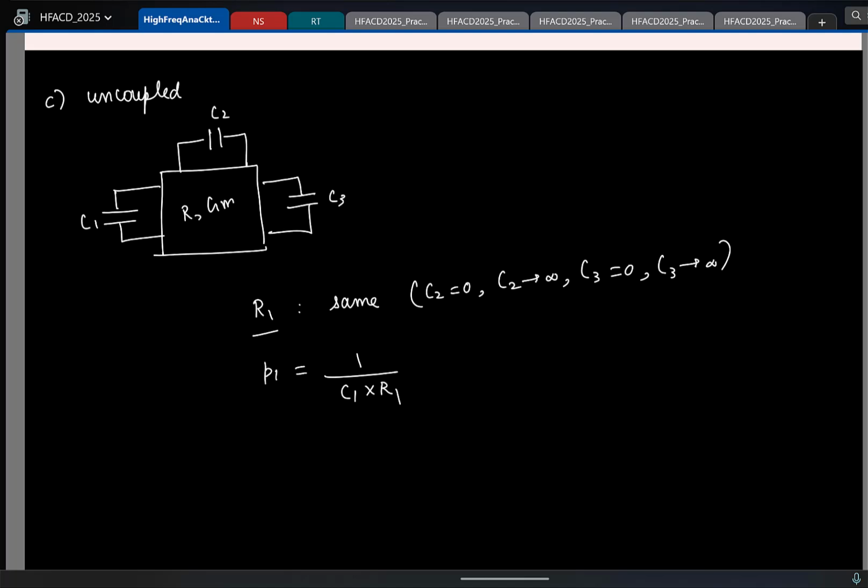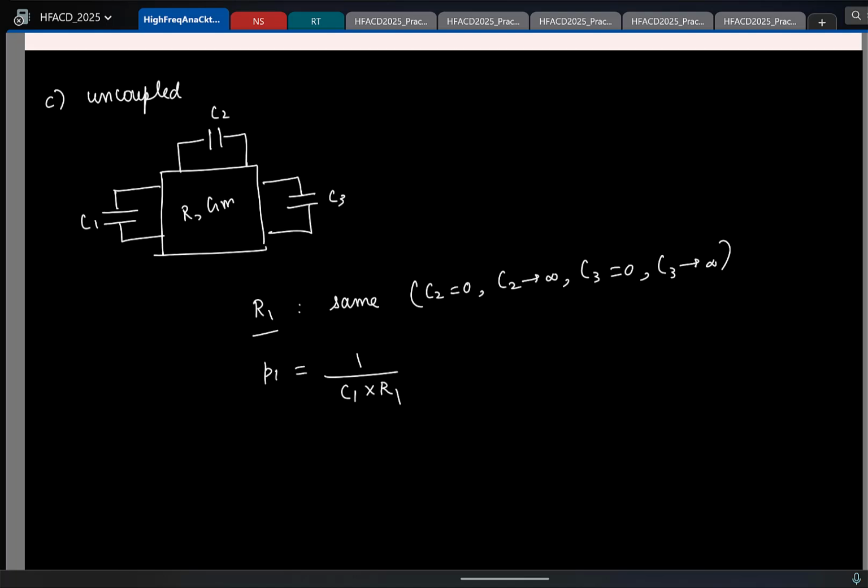And as we just saw, if this resistance is not changing whether C2 is open, C3 is open, and so on, you can assume any condition and find that resistance. Now similarly you can do the same thing for other capacitors. You find the resistance seen by C2.